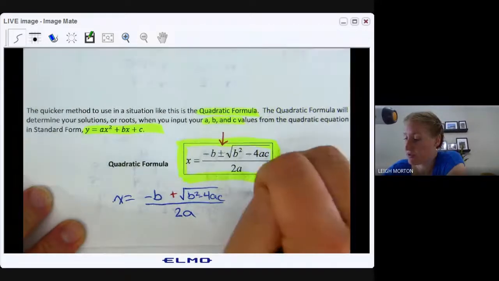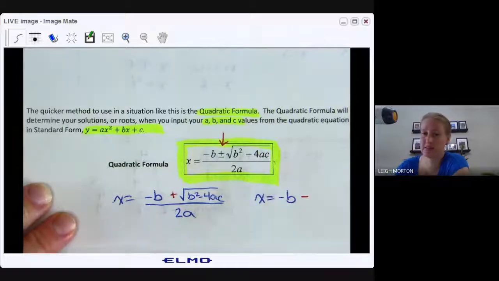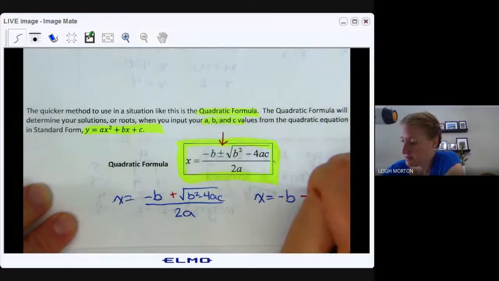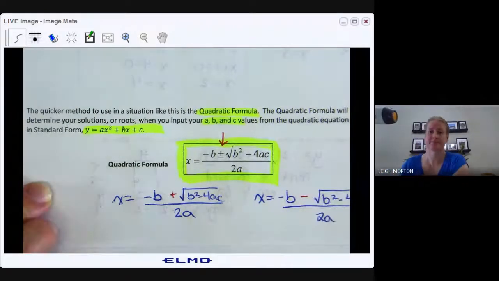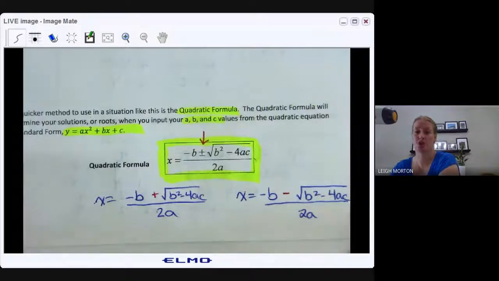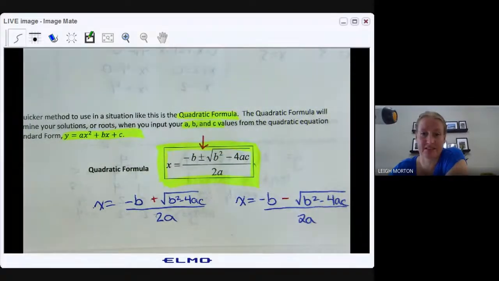For the other zero, we would have x equals -b minus the square root of b squared minus 4ac over 2a. Okay, so there are two calculations embedded in this single one because of that plus minus symbol right there.